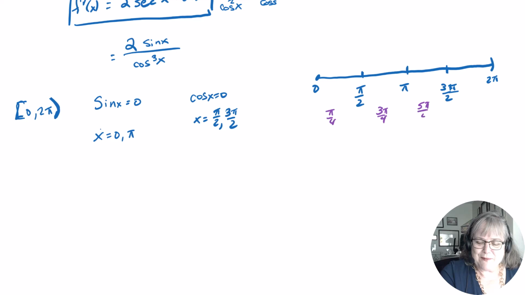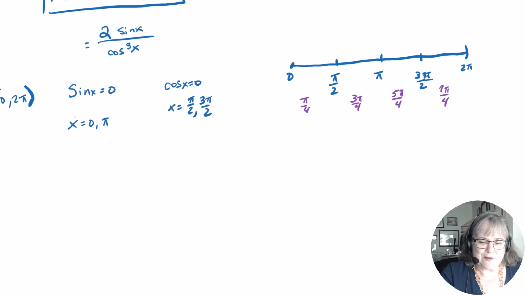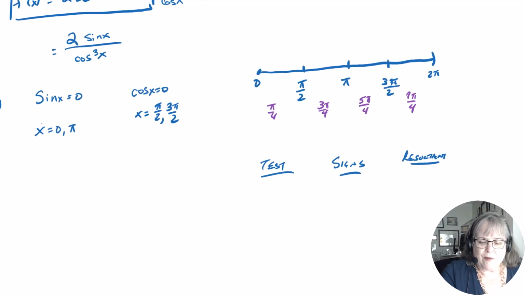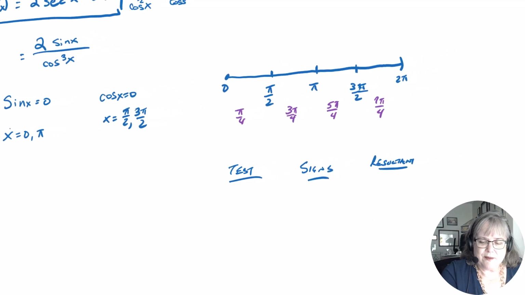They say variety is the spice of life, but when it comes to math, let's just try to make things a little simpler as much as we can. All right. So we're going to have our test value. We're going to look at our signs, and then we're going to find our resultant sign. Okay. Now, what I'm going to use to figure this out is this 2 sine x over cosine cubed x.